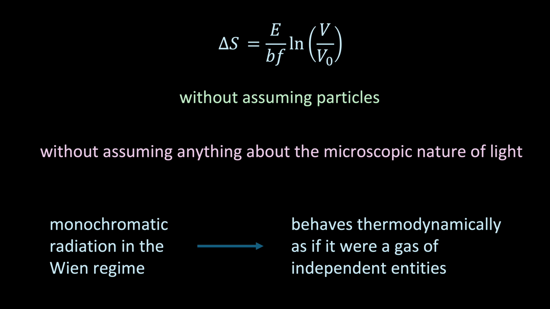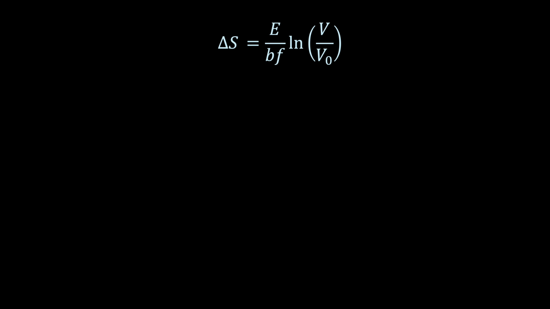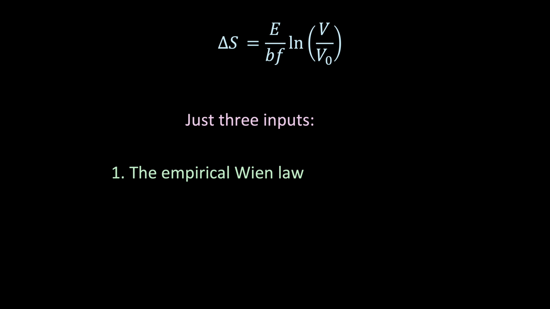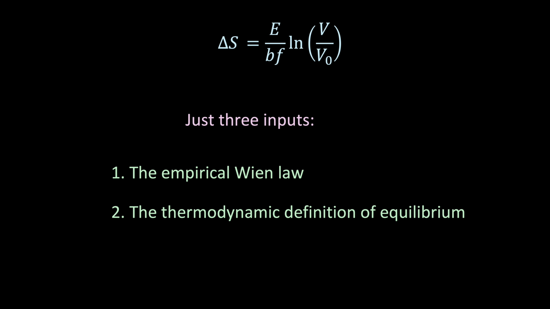And notice how little went into this conclusion. No model of the particulate nature of light, no quantized oscillators, no speculative mechanics. In fact, there were just three inputs: the empirical Wien law, the thermodynamic definition of equilibrium, and the requirement that entropy behaves like entropy should, that it's additive. Yet out comes a result with a very sharp signature.